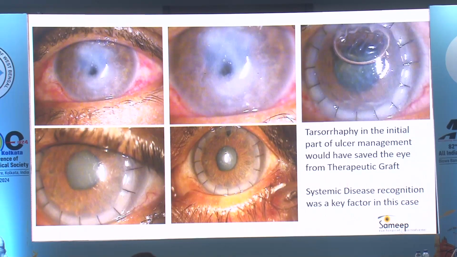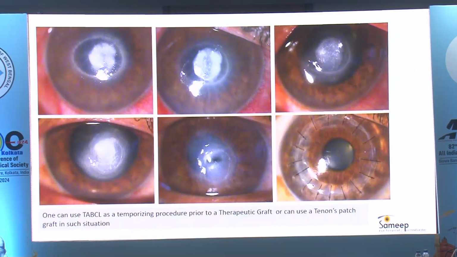Because it was a very large ulcer, we had to do a therapeutic graft, but these are the cases where you have to add a tarsorrhaphy to that. If I would not have done a tarsorrhaphy, even this graft would have melted, because these are anesthetic corneas. So it is very important to recognize a systemic condition along with it.